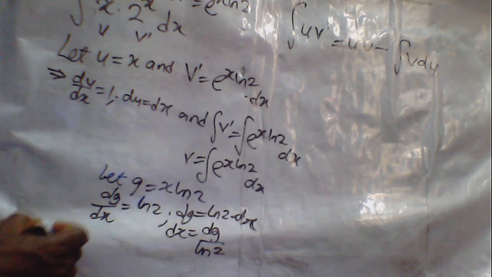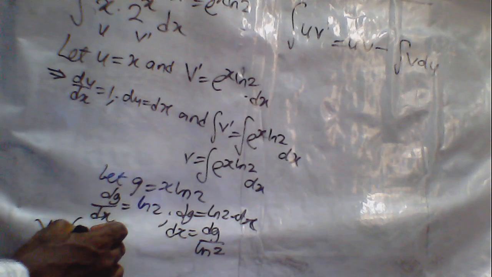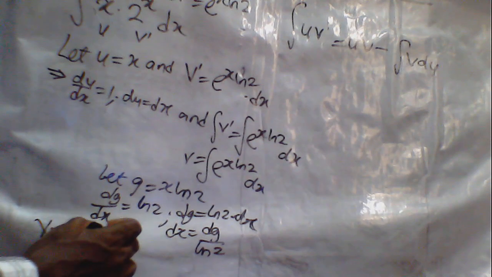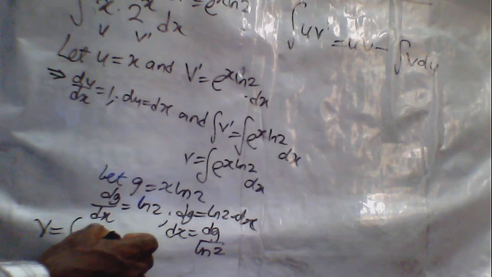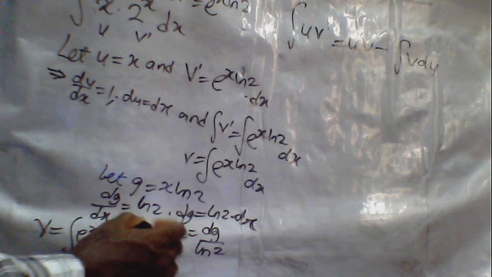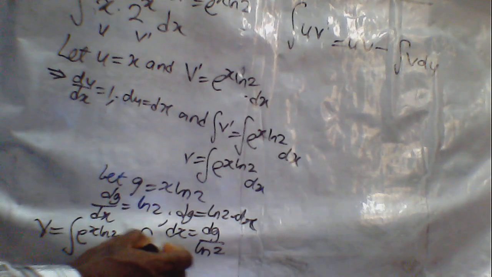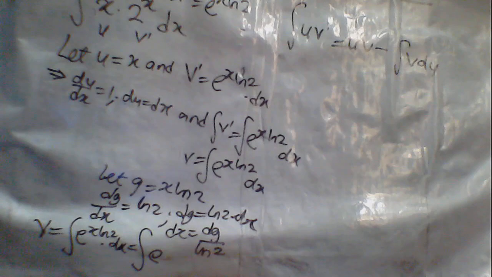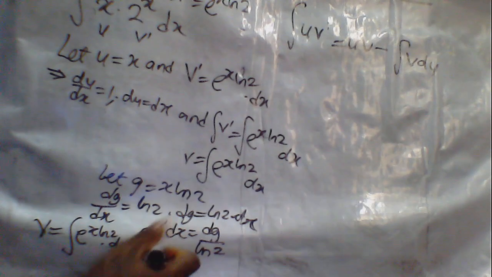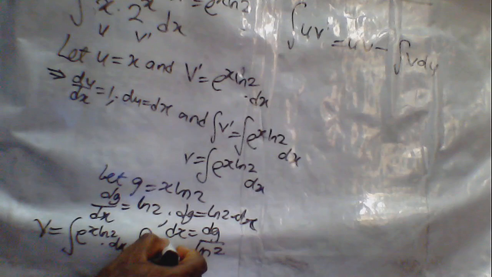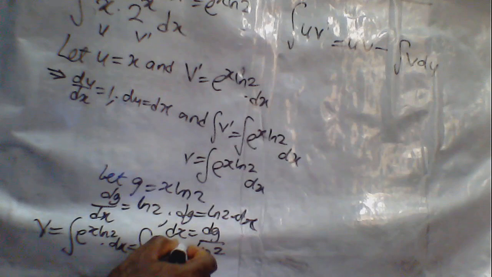So v is equal to integral e raised to power s ln 2 ds is equal to what? Integral e, since s ln 2 is equal to g, and ds is now dg over ln 2.